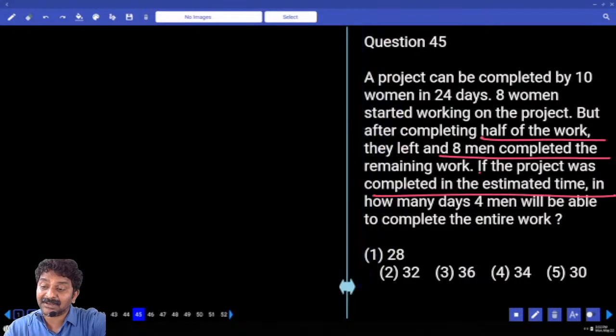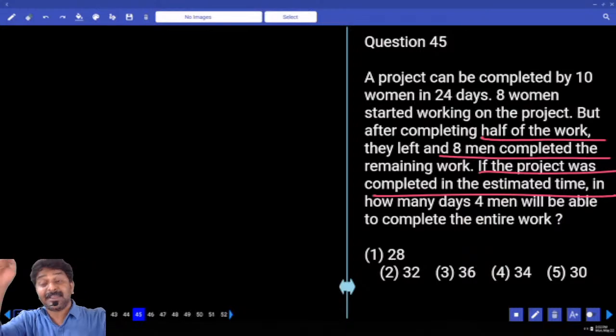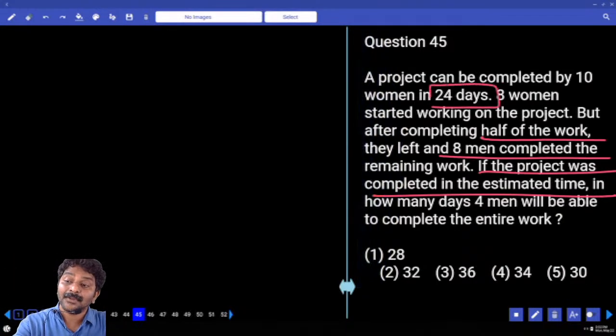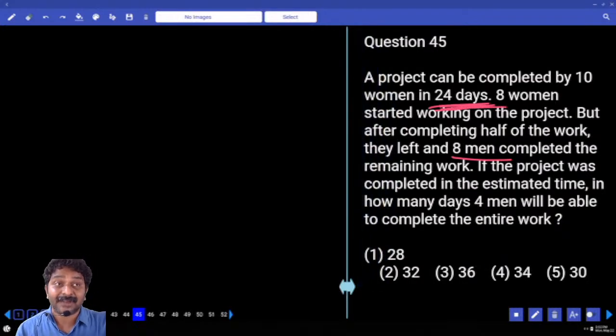The project was completed in the estimated time. What was the estimated time? 24 days. So can you conclude that 8 men completed the remaining half of the work in 24 days? No. This 24 days is the time to complete the total work.